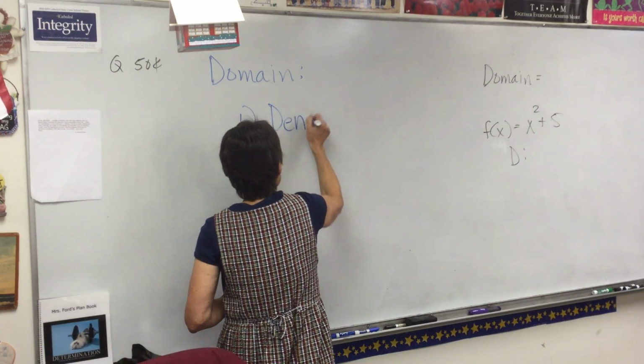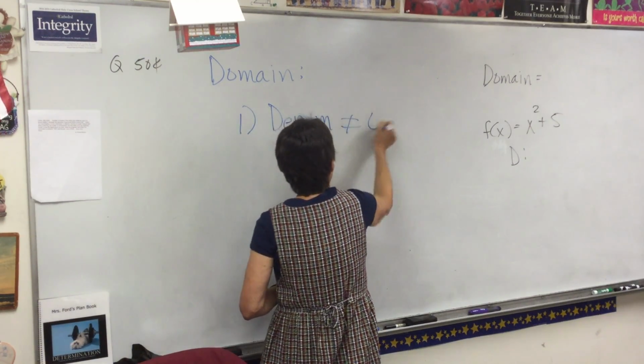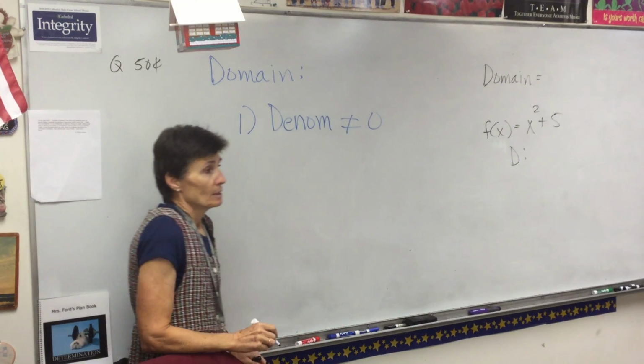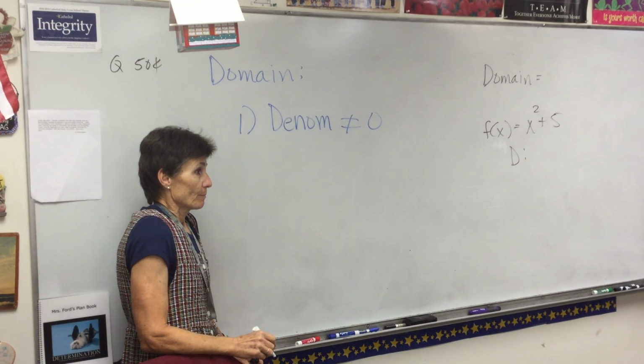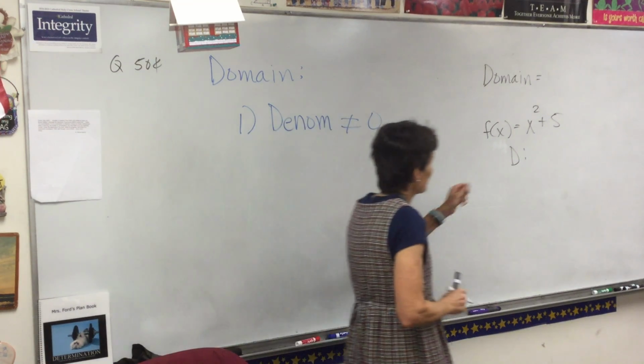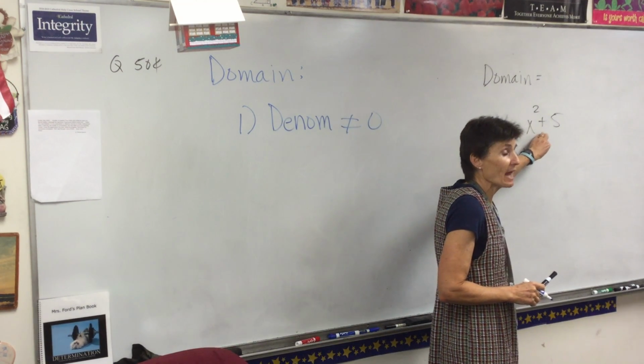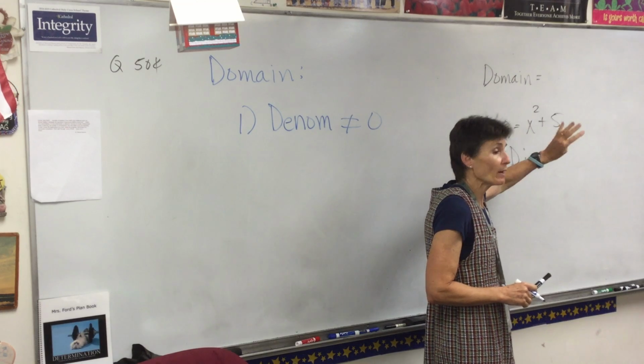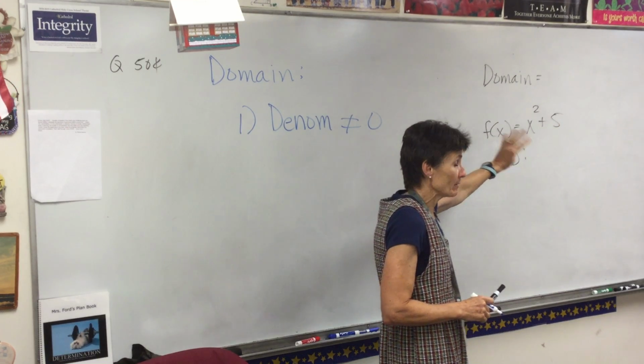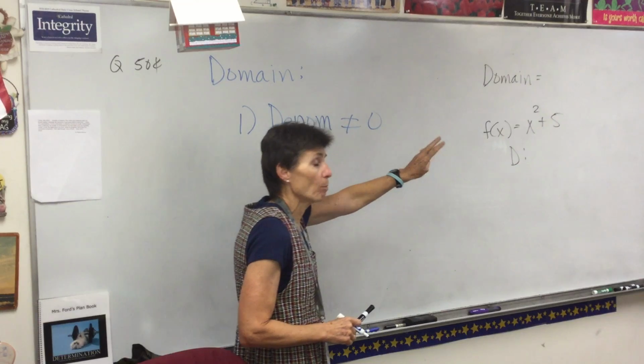The denominator cannot equal 0. Now, when I look at this problem, does it even have a denominator? No. So I don't need to worry about that. There's no denominator, no problem.